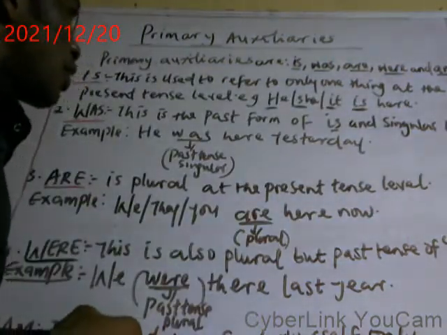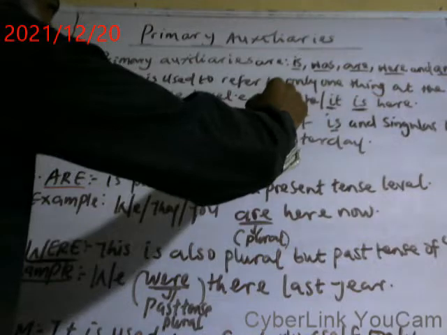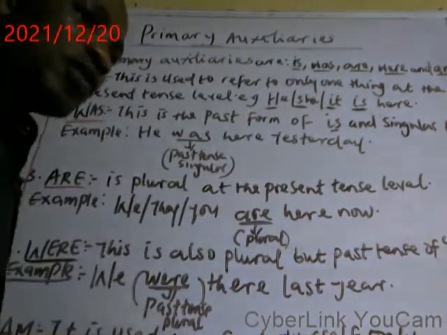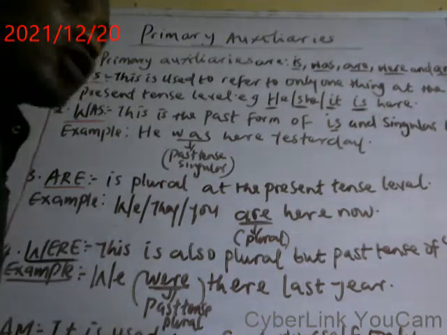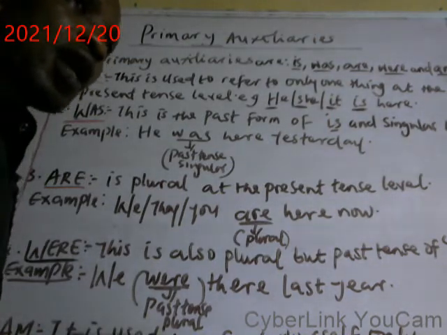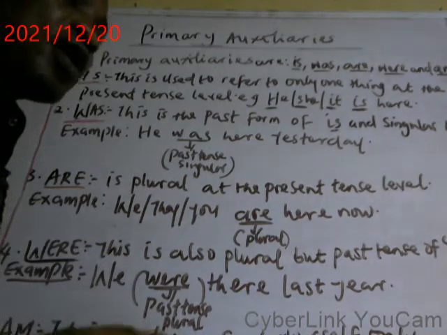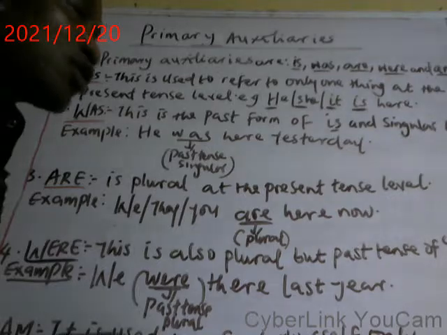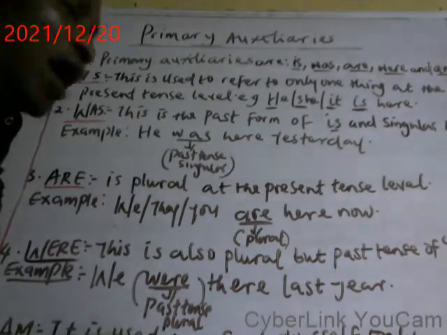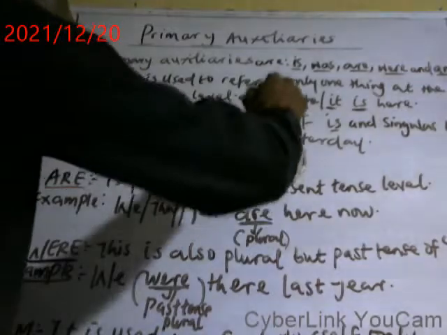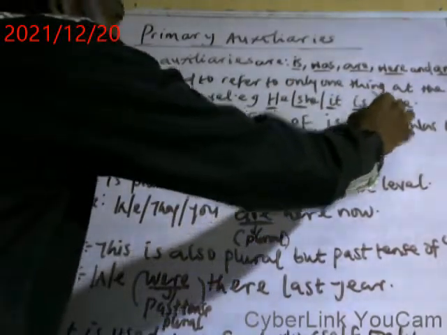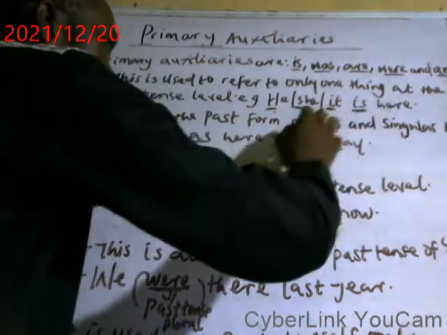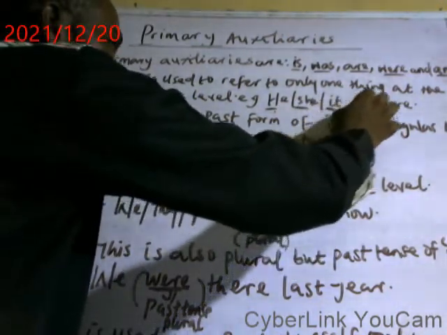I want you to understand that each of these, he, she, it, is a subject pronoun. Each of them can stand as the subject of a sentence, and each of them is singular. Therefore, I can have something like: he is here, she is here, it is here.